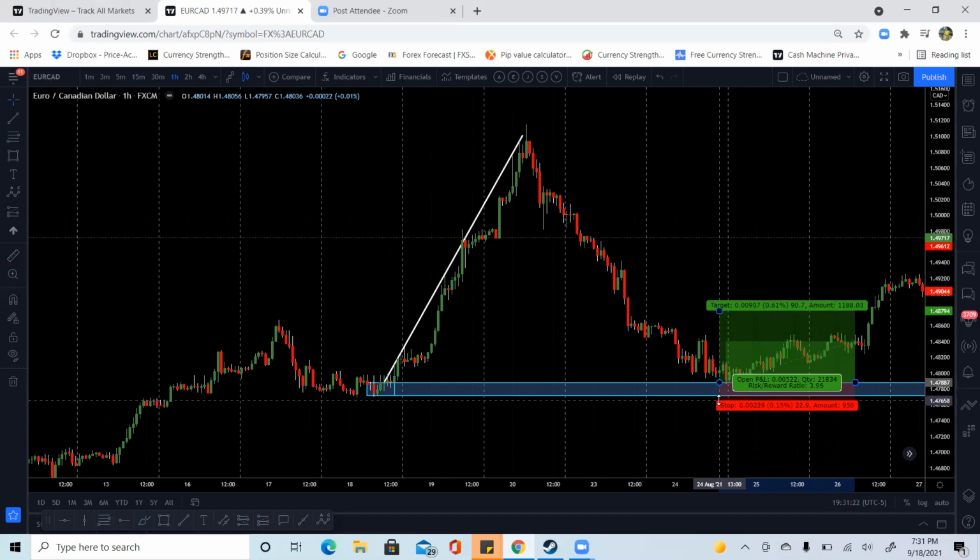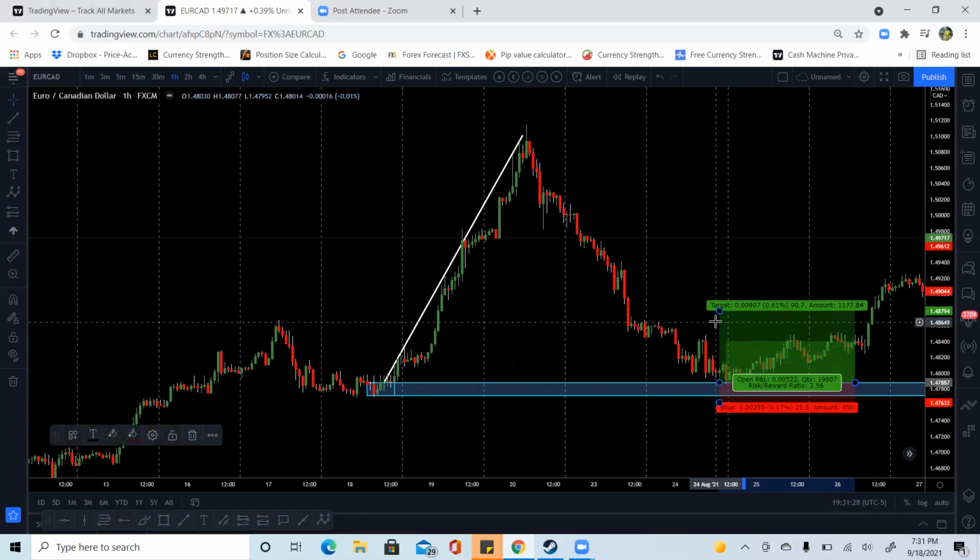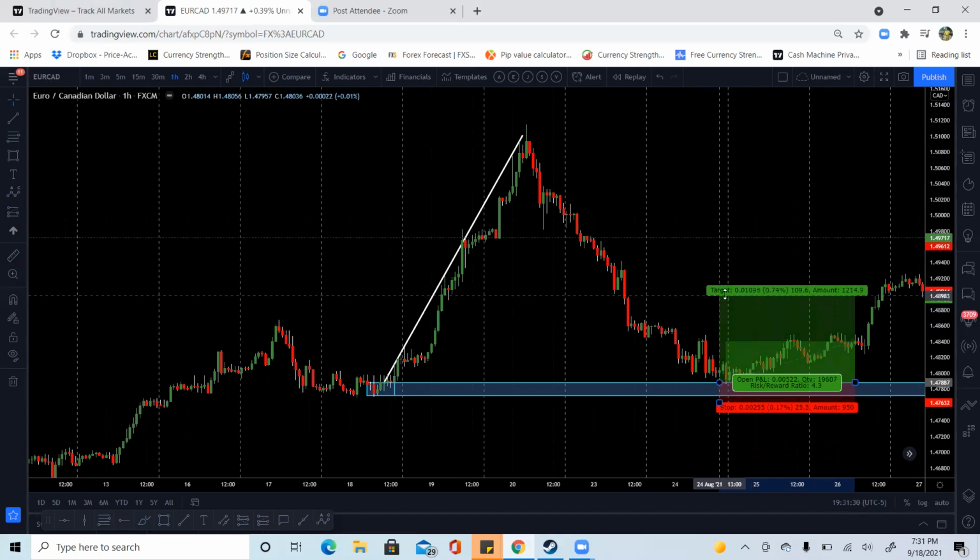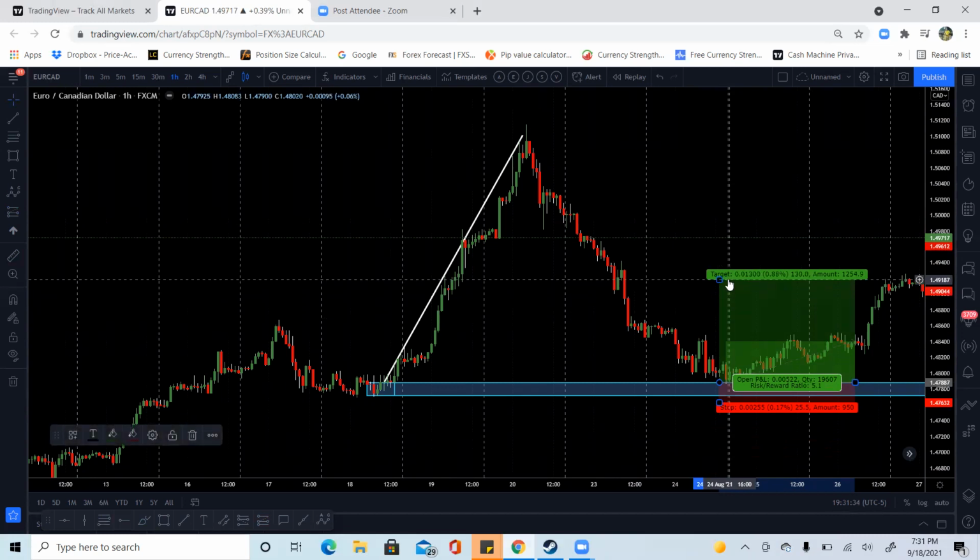So you're looking at about a 20 to 25 pip stop loss. Let's just say 25, just to give it more room. Look at the reward. This is a 5-to-1 trade off of that move.